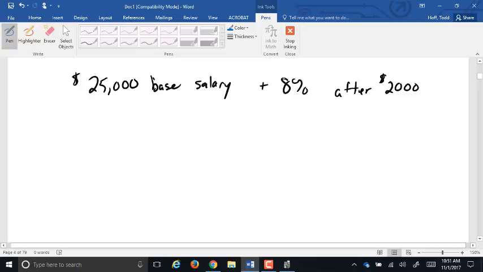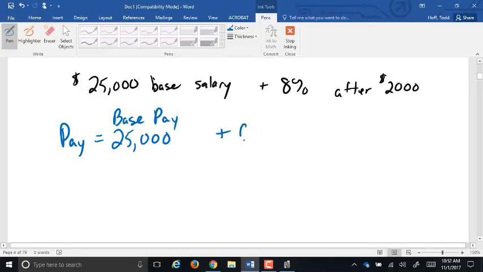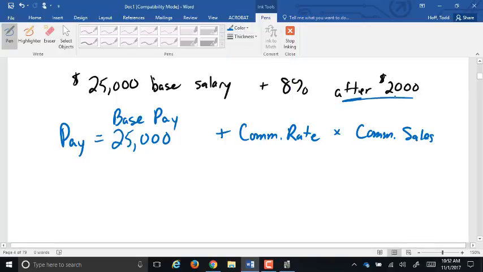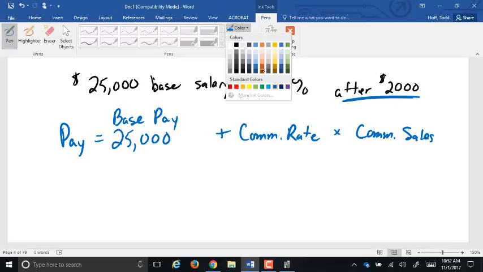So here, the way I would work on a model like this is I would write it out in words. Their pay is equal to, they get $25,000 no matter what. So that's their base pay, plus their commission rate times their commissionable sales. The reason I say commissionable sales instead of just sales is because they don't get commission until after $2,000.